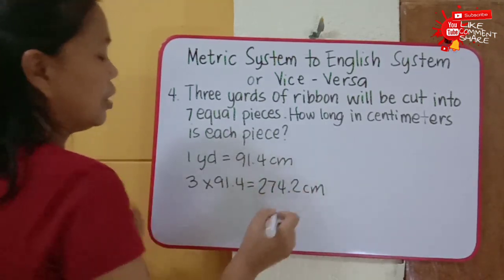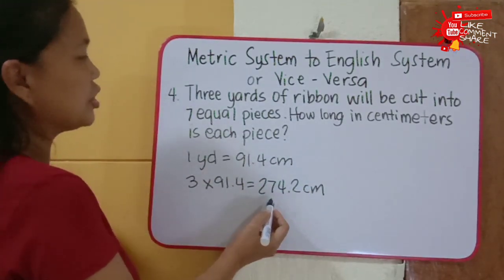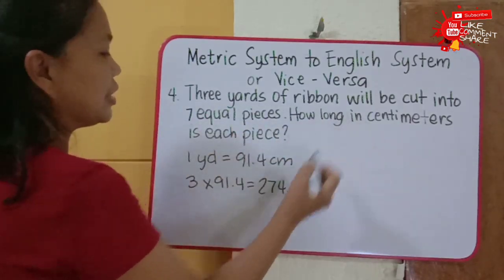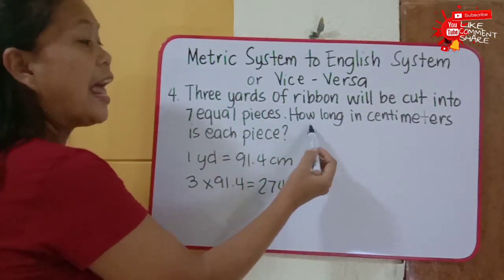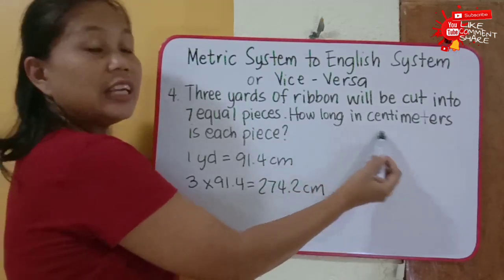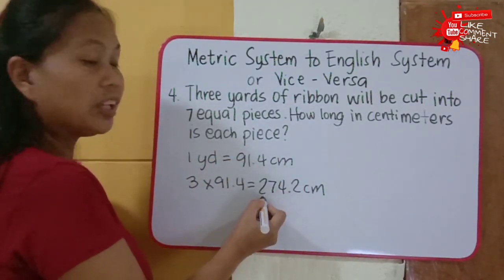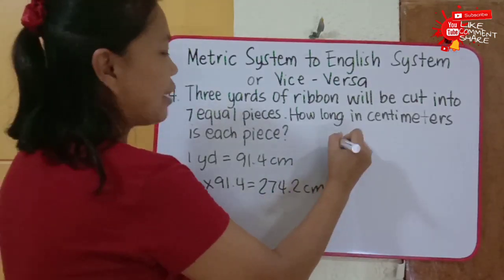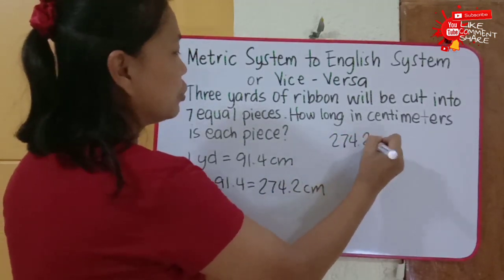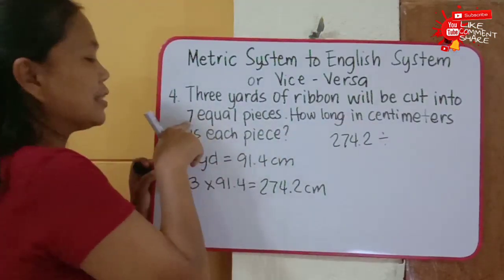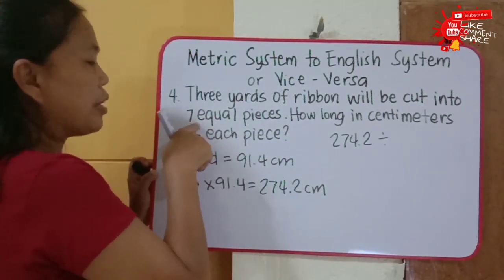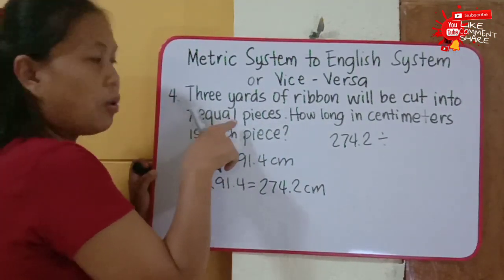centimeters. Okay, this is only the conversion of 3 yards to centimeters, but the problem is asking how long in centimeters is each piece. So it means that we will divide 274.2 by 7 because we will divide this ribbon into 7 equal pieces.